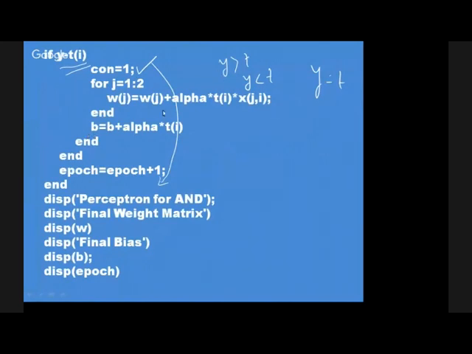Now we are giving the weight updation. You have seen that we are giving the c, that is your alpha, that is your learning rate, into ti into xji.